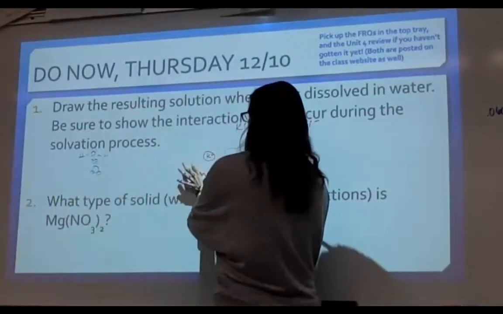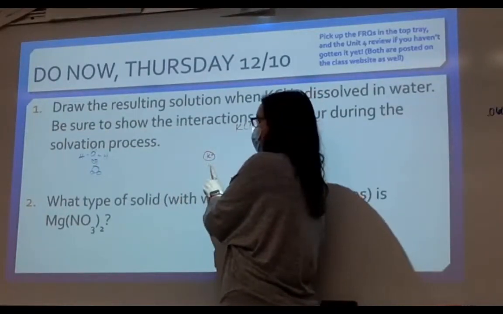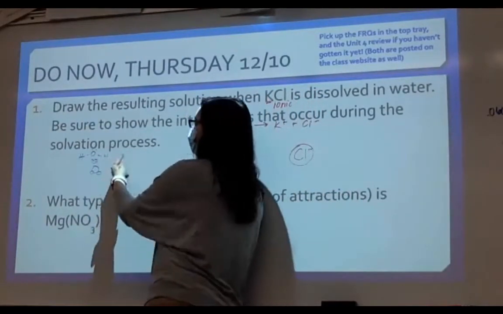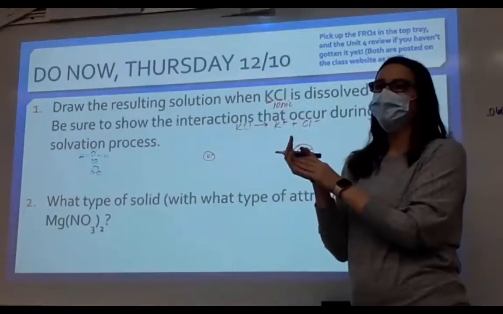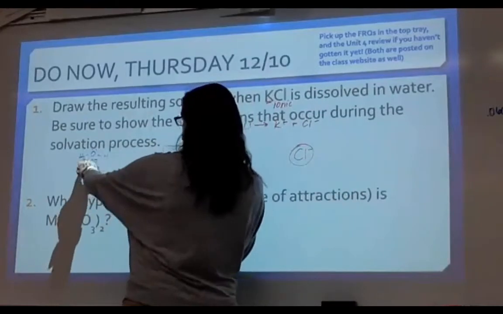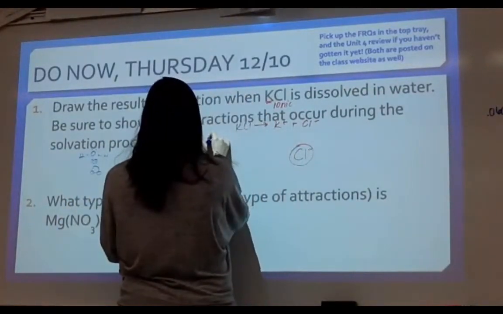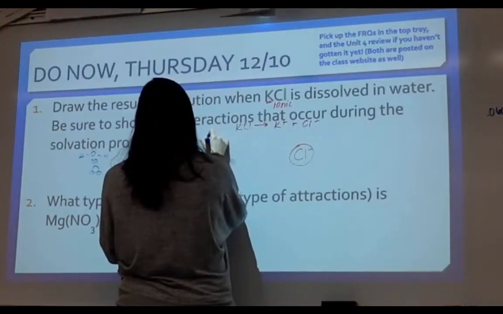When we focus on the waters surrounding potassium, since potassium is positive, the partial negative side of water will attract to K+, because opposites attract. The partial negative side is oxygen because it carries those lone pairs of electrons.